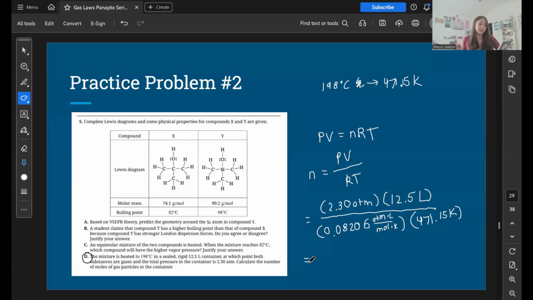I got 0.74361, etc. But as you can see, for the smallest amount of sig figs, here it would be 4, here it would be 5, but on the top we have two values that have 3 sig figs, and that's going to be our lowest number. So we round to that amount of sig figs. In the end, our answer is going to be 0.744 moles.